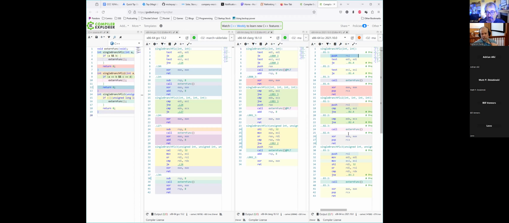I just highlighted it. There is a push. Okay, why? Fine. It did it because it's going to call an external function and it wanted a register, I guess. It didn't use RSI. Still confused. Why? There's no purpose for that.